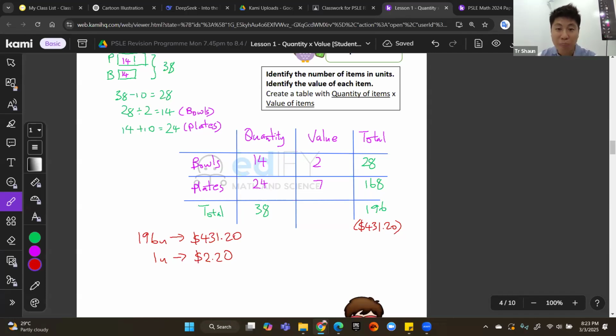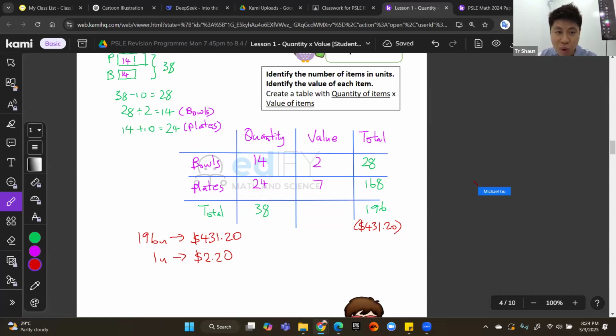Now they want the cost of a plate. Over here, cost of plate, where is it? I'm going to circle it. In fact, some of you can circle, you can use your annotate, right? Who is the first one to circle where I can find how many units is the value of the plate? You know how to use annotate? There is an annotate button over there.